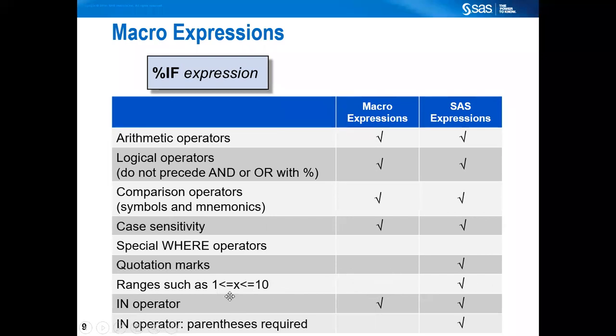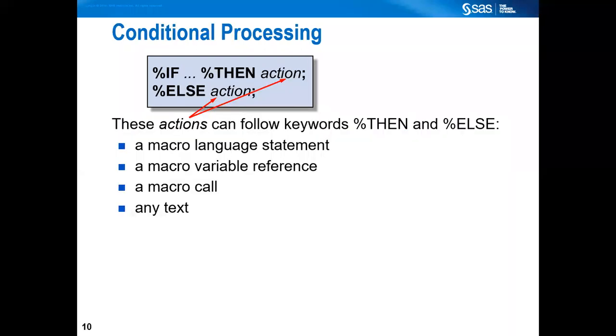The next thing is the in operator. You can use the in operator in both programs. In SAS expressions, parentheses are required, but in macros they are not required. As we know, for characters, quotation marks are not required, and no need for parentheses. We'll see examples in an upcoming slide.